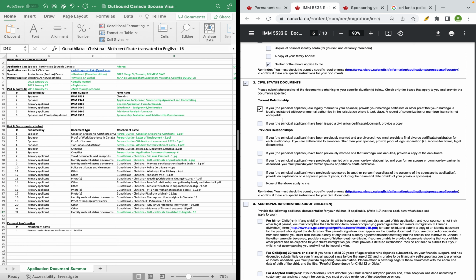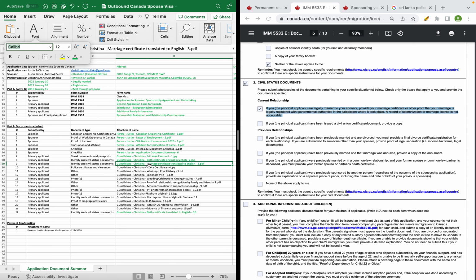So originally we got it in Sinhala and we got it translated. There is a government agency which does it in Sri Lanka, so we had to go there, pay a fee, and we got 3 copies of the translated English version. So this is the English version attached here, marriage certificate translated to English.